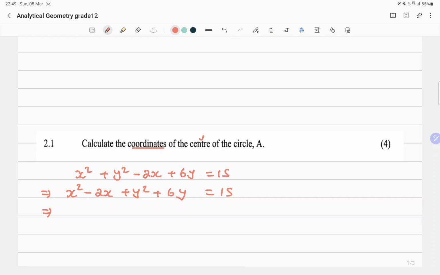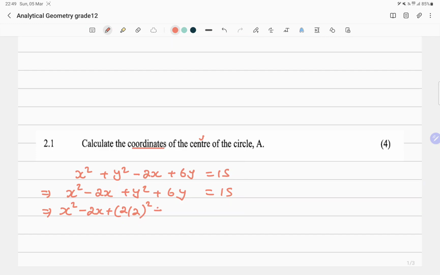Now we complete the square. First we focus on the x terms. On the left-hand side we write x squared minus 2x, then we add half the coefficient of x, which is 2, so we divide it by 2 and square it.